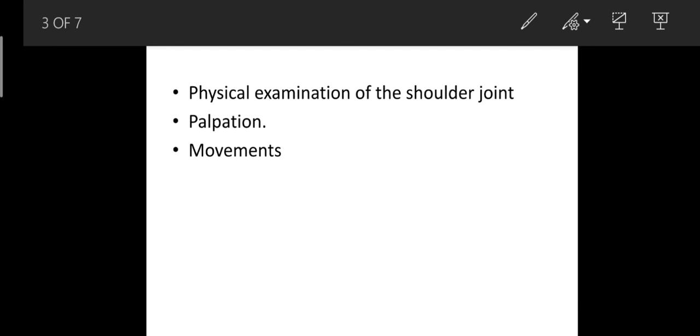Physical examination of the shoulder joint. Palpation. In palpation, we feel for local rise of temperature, tenderness, swelling, and the sternoclavicular and acromioclavicular joints are also palpated for swelling and tenderness.